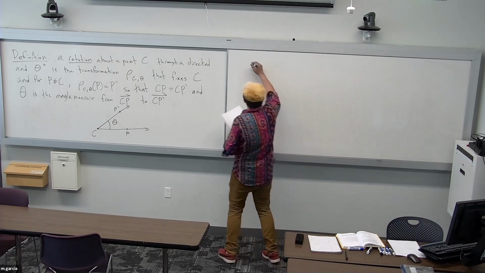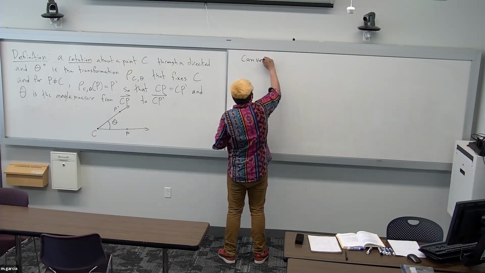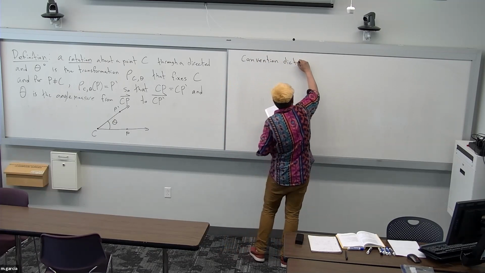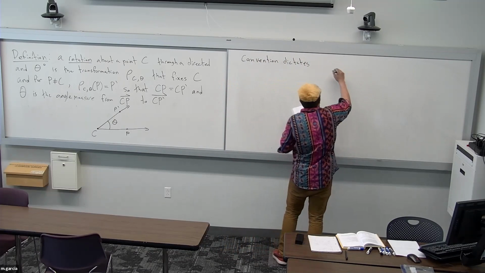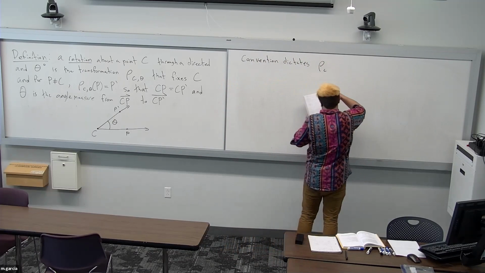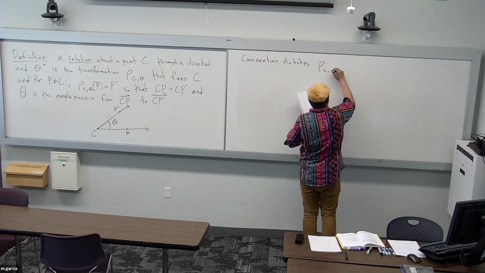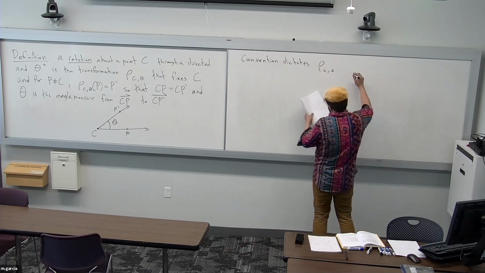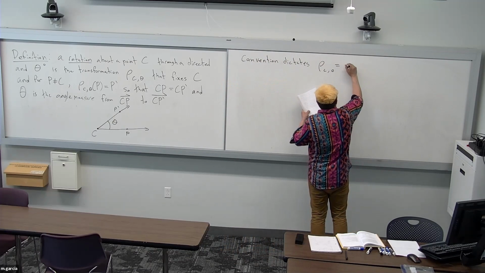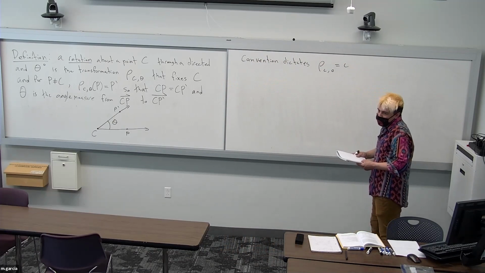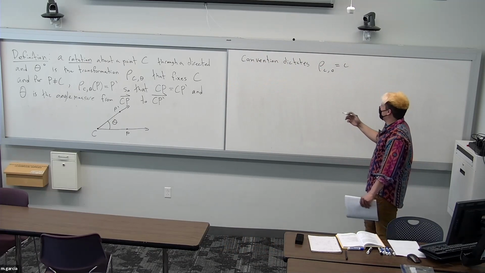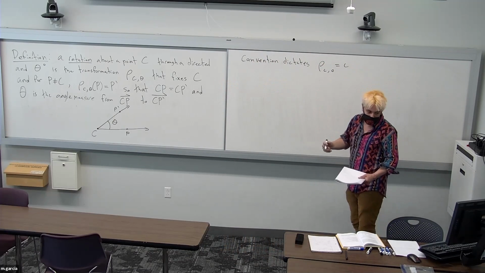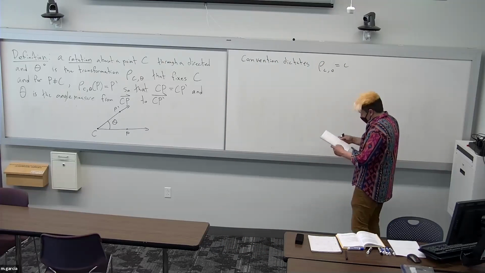Just a couple notes here. We'll say convention dictates that rho sub c comma 0 is equal to iota. Right? If you fix c and rotate by 0 degrees, you haven't done anything. You've just left everything fixed. Okay?